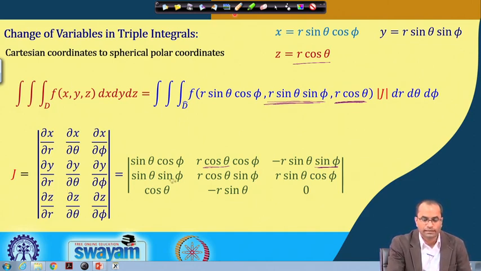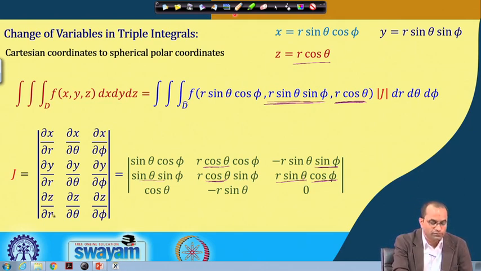So, del y over del r will be simply sin theta sin phi, which is the term here, and then we have del y over del theta. So, this will be with cos theta, the rest of sin and r will remain, and then with respect to phi, this sin phi will become cos phi, and r sin theta will remain as it is.